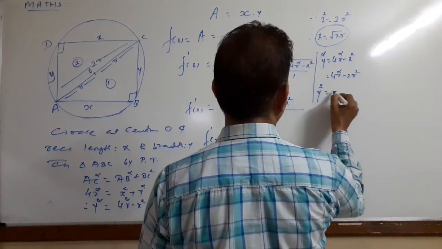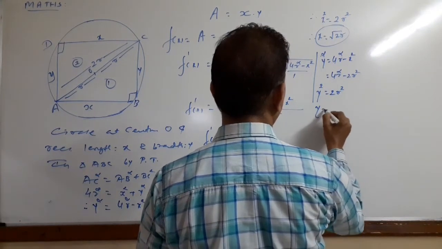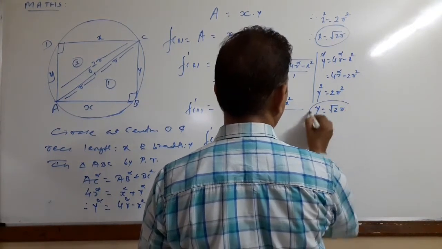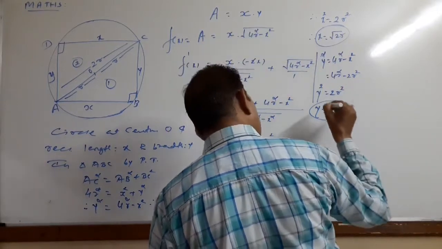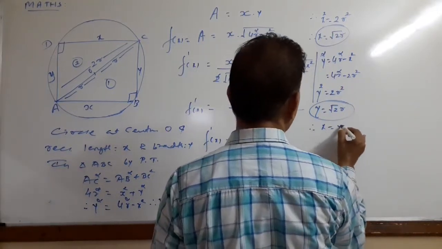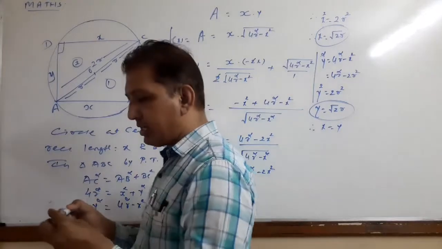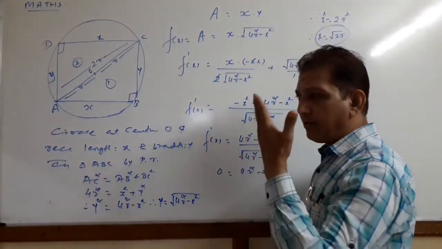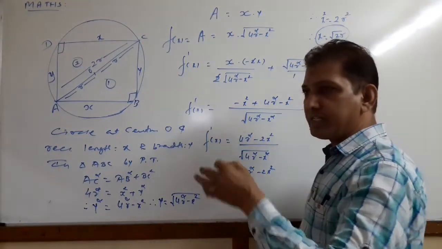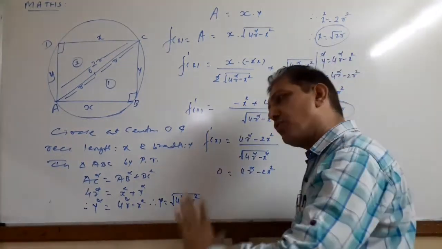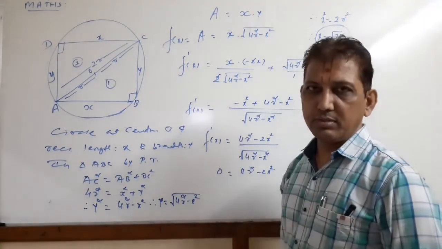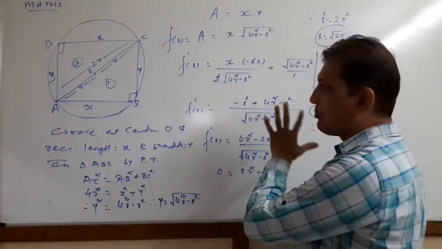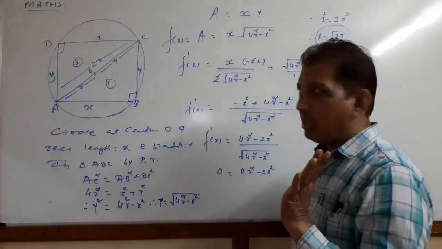So Y equal to root 2 R. X and Y are both equal, therefore the figure is a square. Because X is the length and Y is the breadth, whenever length and breadth are equal, the rectangle converts to a square. So here we prove the figure is a square.